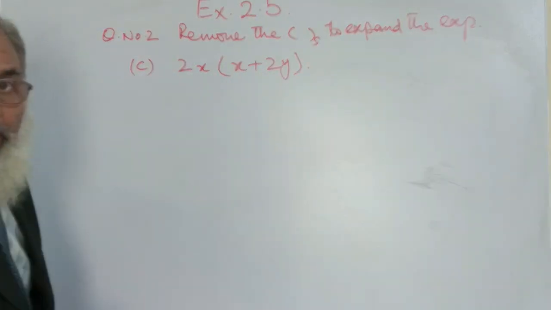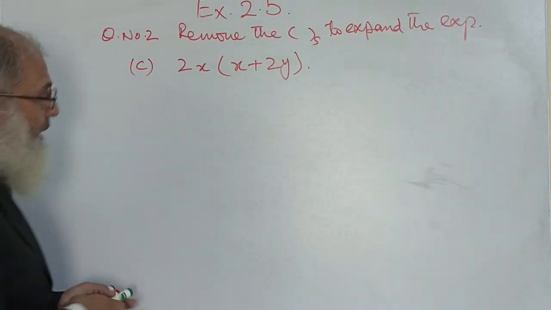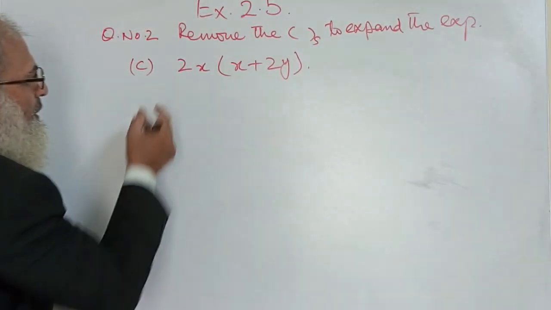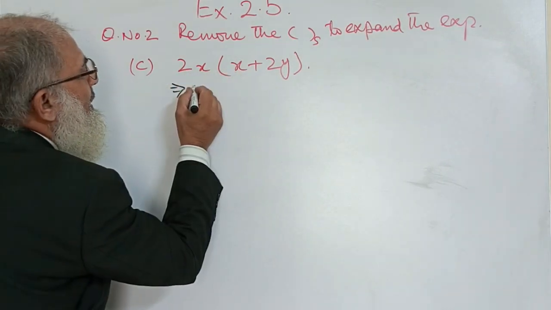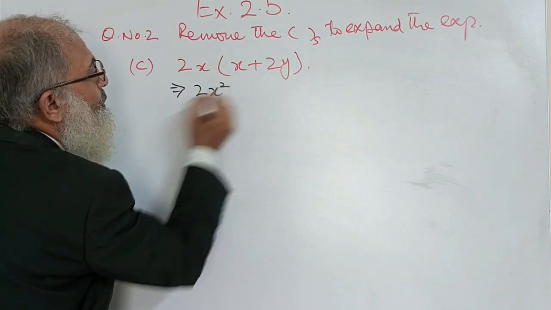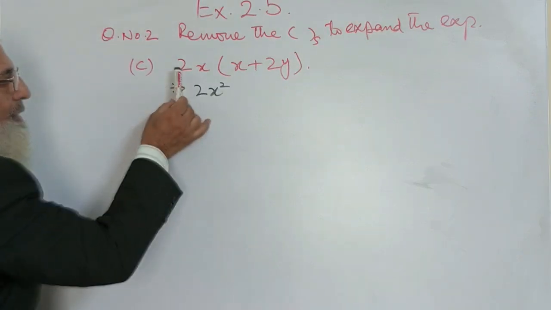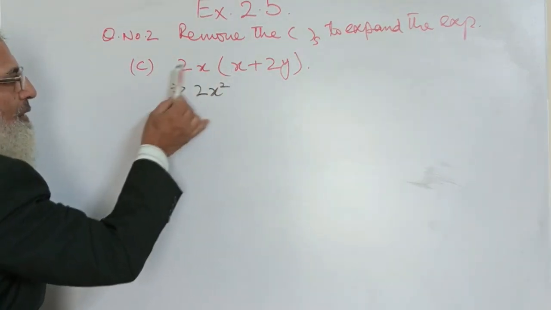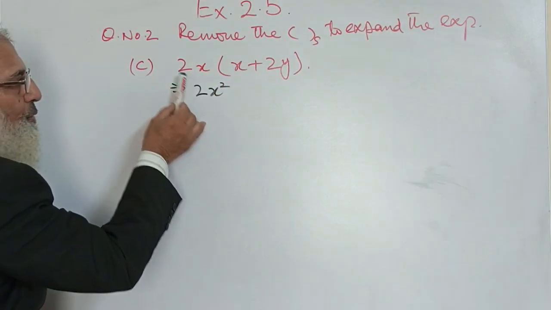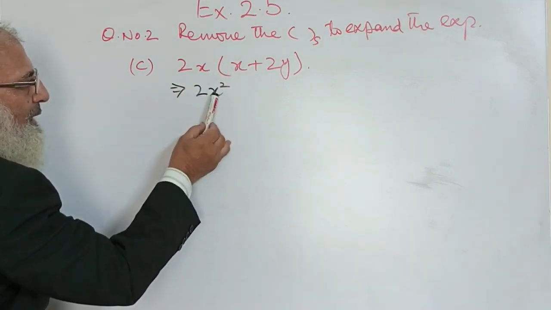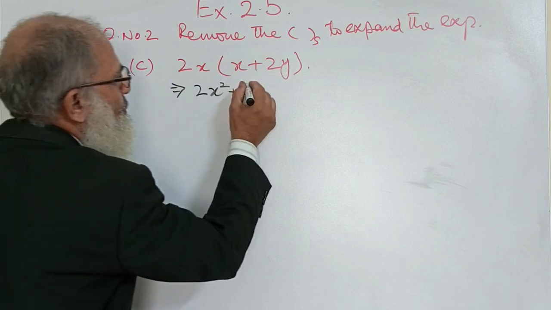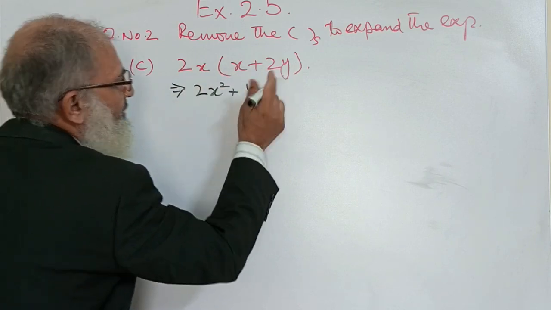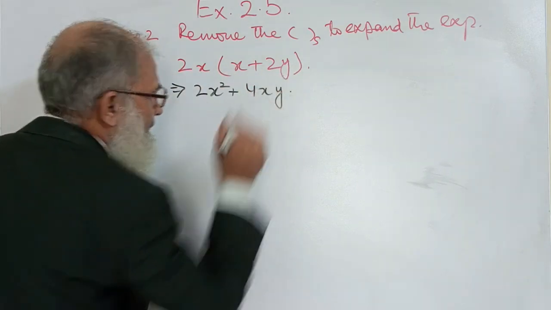Now again the sequence will be same, and what will we do? It will be like this: 2x square. You see that here it is 1, 1 multiplied by 2 is 2, x multiplied by x is x square, plus 2 times 2 is 4, and x and y will be written as it is.